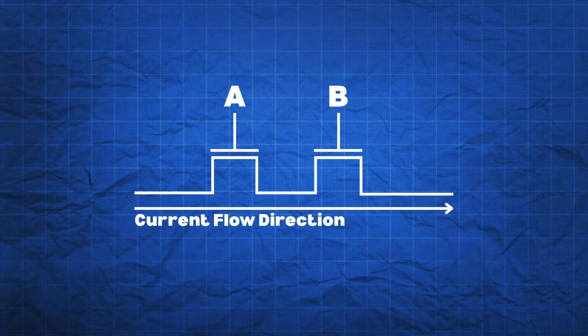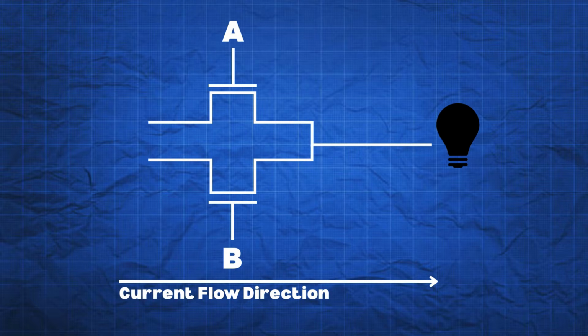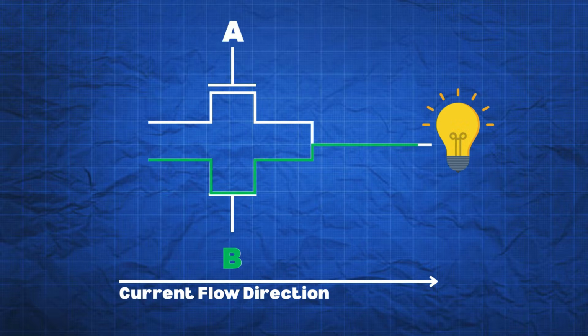As an example, let's say we have two transistors arranged in this configuration. If either A or B, or both of them, are off, there will be no current flow. Only if both are on will there be a flow of current. Let's take another example. In this configuration, when A or B are on, current will flow, and if both are on, current will still flow.